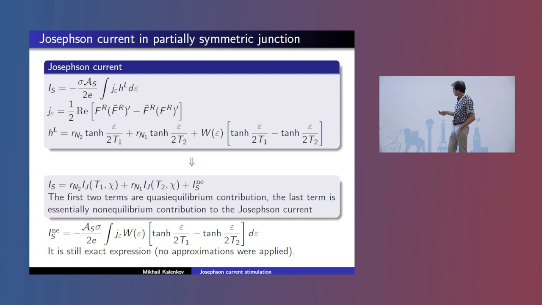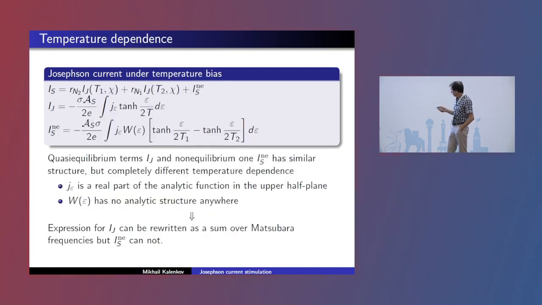And what is important, I will show you that the temperature dependence of these terms is very different. You see that the integral representation of this term looks similar, while the temperature dependence should be very different. But actually, there is one important difference between these two expressions.